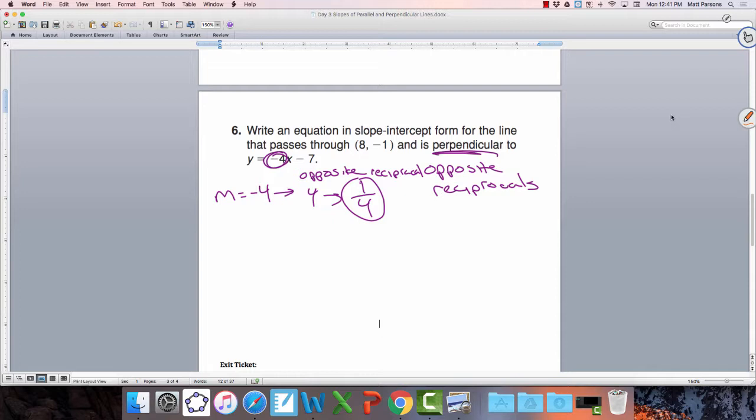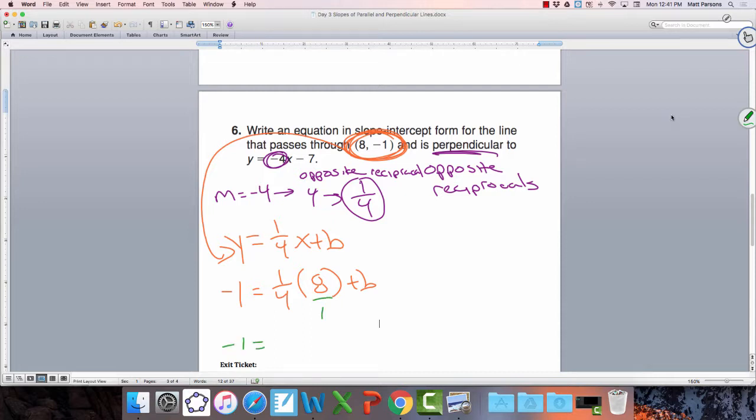Now I follow the same steps. I'm going to say y equals 1/4 x plus b. I'm going to take my point and plug it in. So it's going to be negative 1 equals 1/4 times 8 plus b. I'm going to throw a 1 under the 8 and multiply: 8 over 4 plus b.